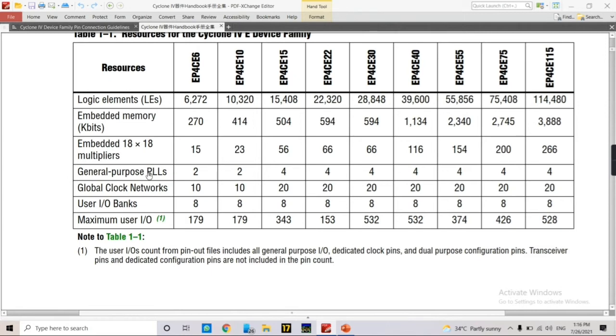There are PLLs on the chip. A PLL basically makes the clock faster.